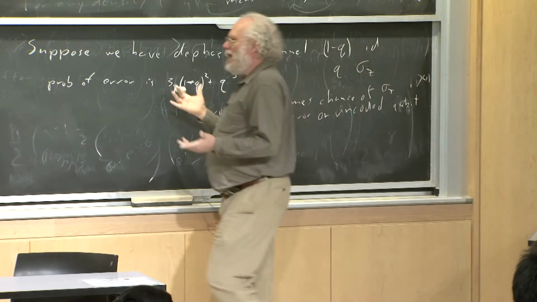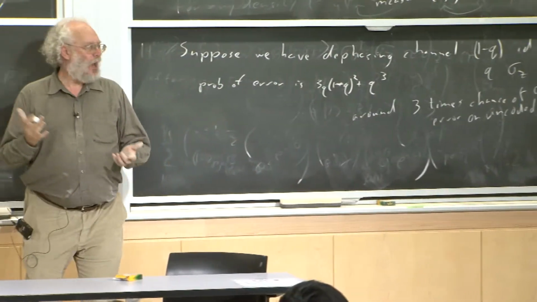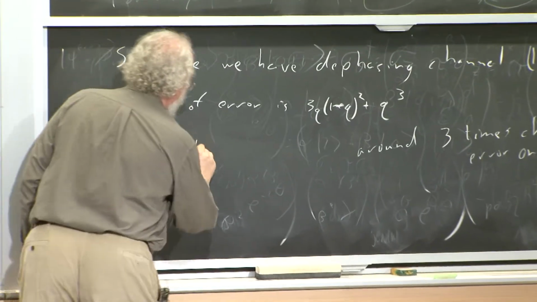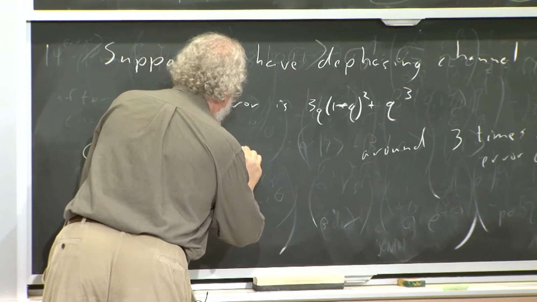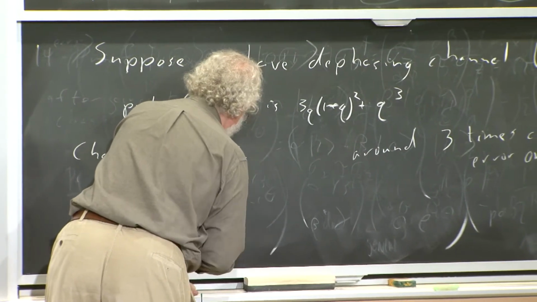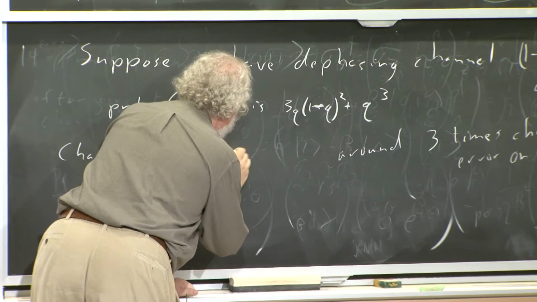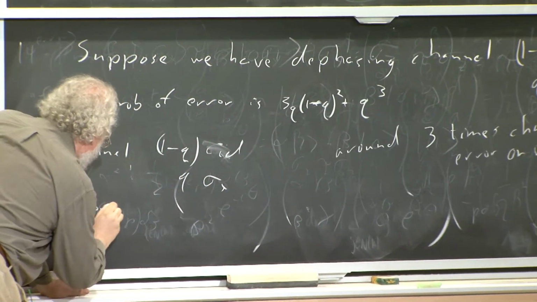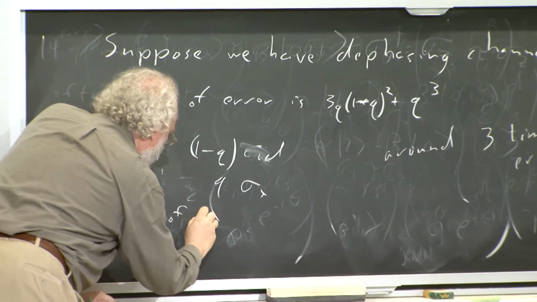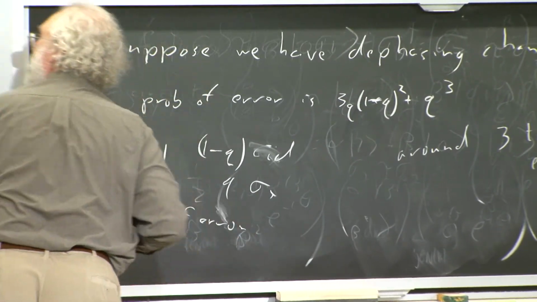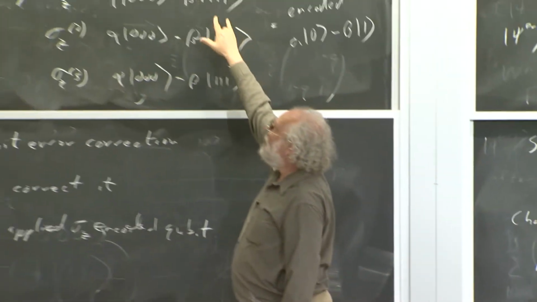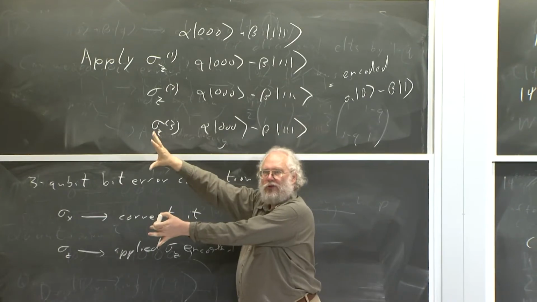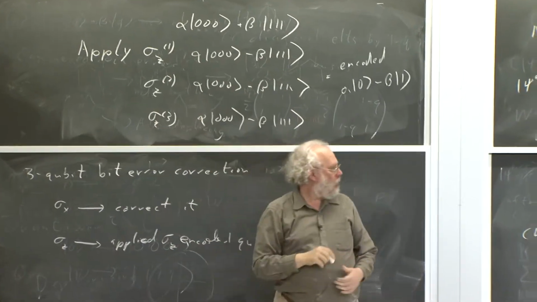But if you have a bit-flipping channel, if you have a channel with probability 1 minus q of identity, and q of sigma x, the probability of error, well, you need at least 2 of these qubits to be wrong to have an error in the original encoded qubit.